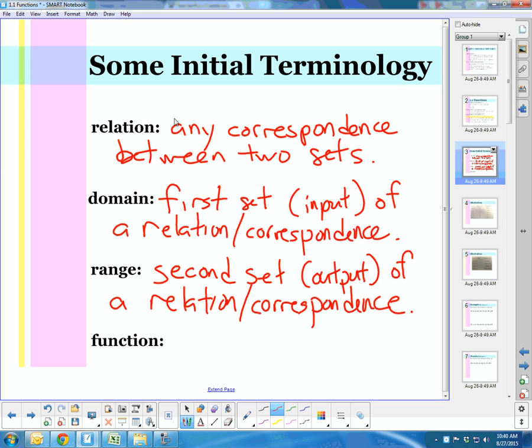Probably most important of the vocabulary words, this initial terminology, is a function. Because one way to think about pre-calculus is a study of functions.